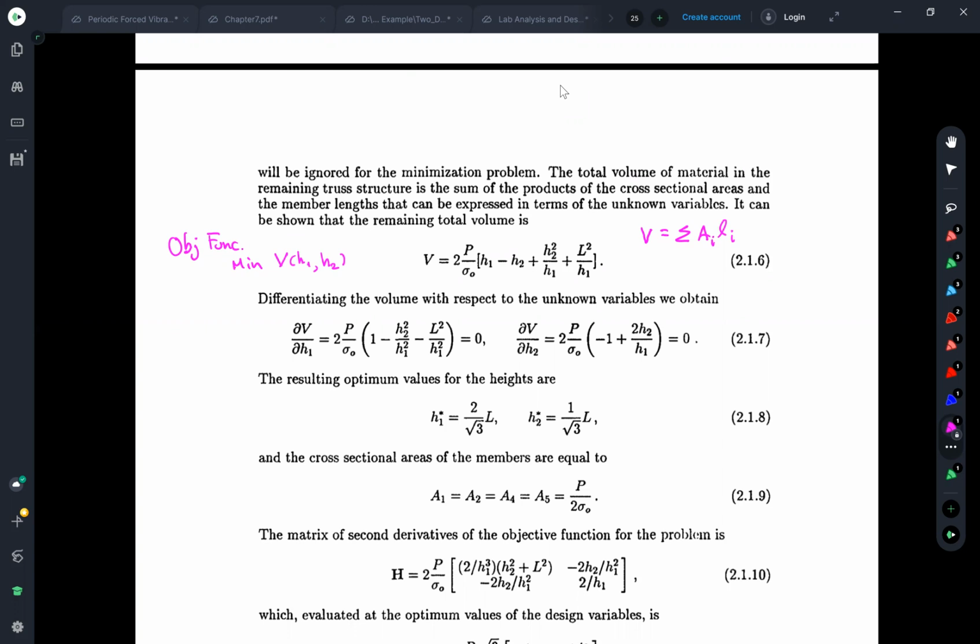Actually, it's exactly equal to the allowable stress in every member, right? This is what we calculated for the cross-sectional area before. So this is the case of what? The case of multiple variable optimization without any constraint.